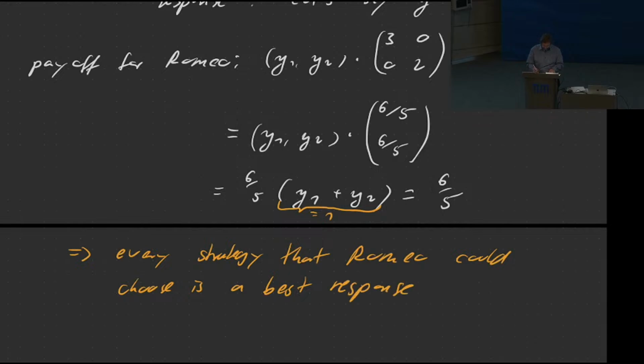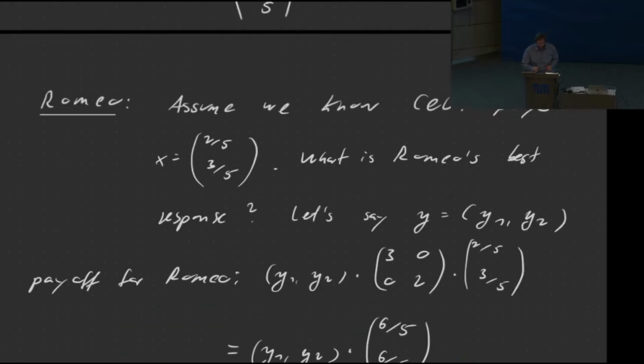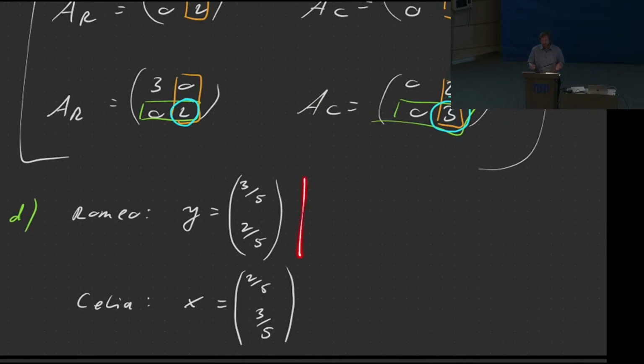So that means every strategy that Romeo could choose is the best response for him to this strategy of Celia, which was 2 over 5, 3 over 5. In particular, the strategy that we started with, so this one here, this would also be a best response, right? So from Romeo's viewpoint, this all works out nicely.